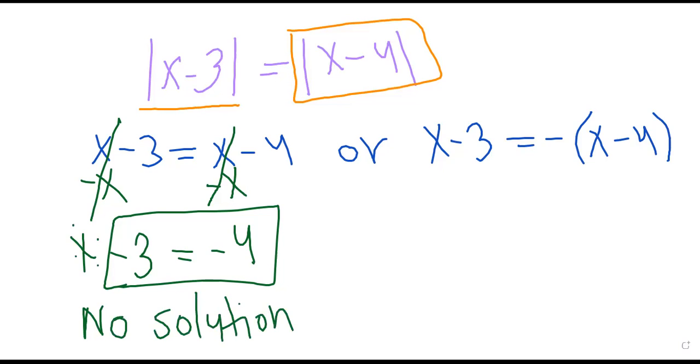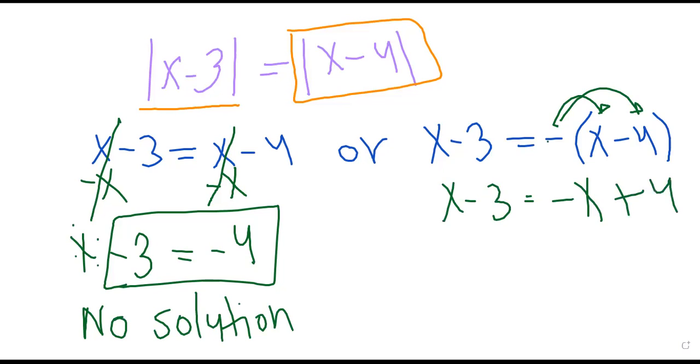Okay? What about the second equation? Here, first of all, I'm going to multiply by minus on both sides. So x minus 3 is equal to minus x plus, because minus times minus is plus, 4. And then I will solve this equation that contains a variable on both sides.